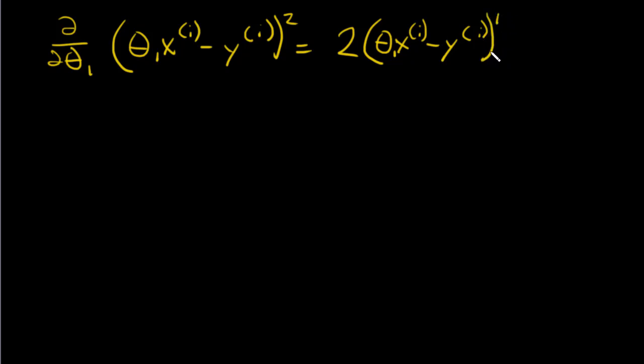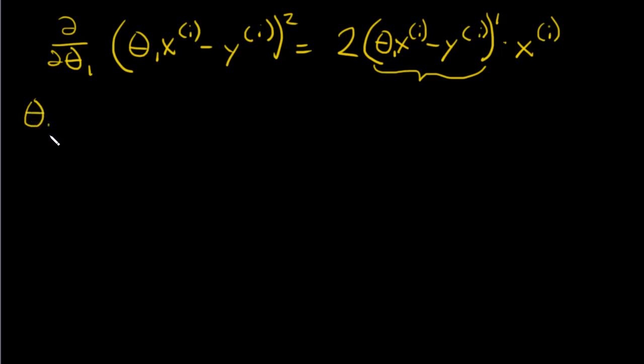That satisfies the power rule, but now we invoke the chain rule, and we have to take the derivative of the interior of this. So the derivative of the interior with respect to theta 1 is just times xi. And that's it.